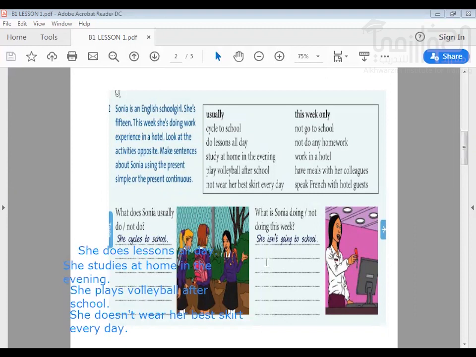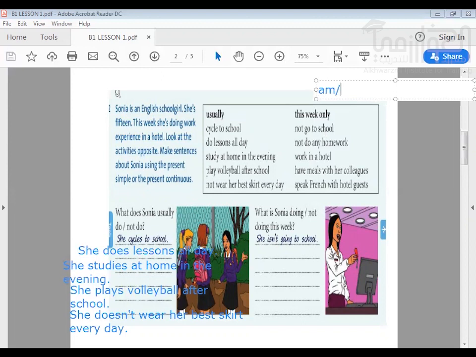Now, when we come to the present continuous, we have here, it's not going to school. That is, we have, don't forget, present continuous, you have be. Don't forget, present continuous is what?